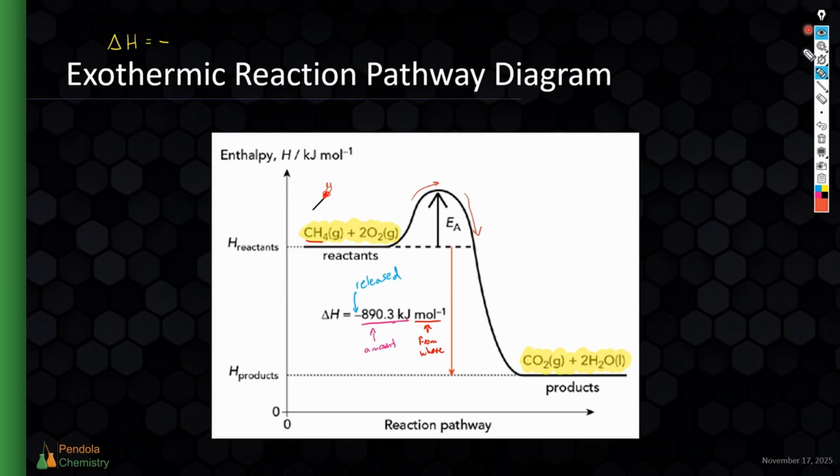So this is what the energy level diagram, or the reaction pathway diagram, looks like for an exothermic reaction that gives off heat with a negative delta H. But what does it look like for an endothermic reaction?